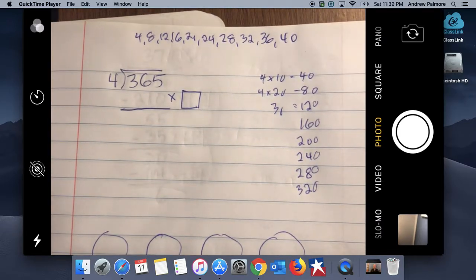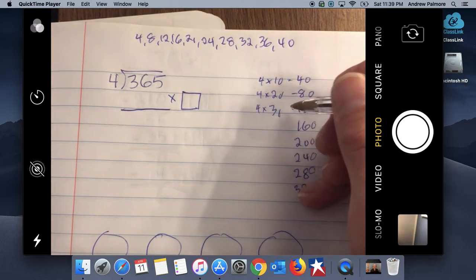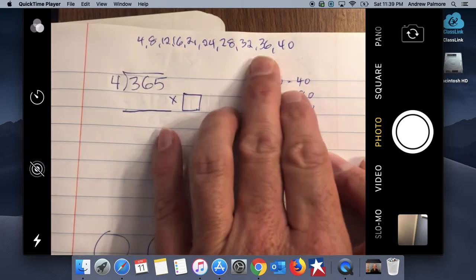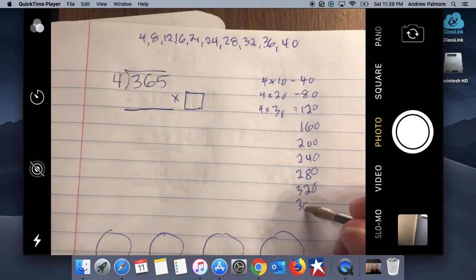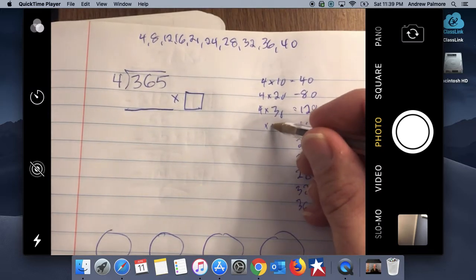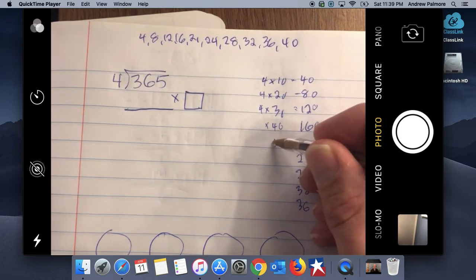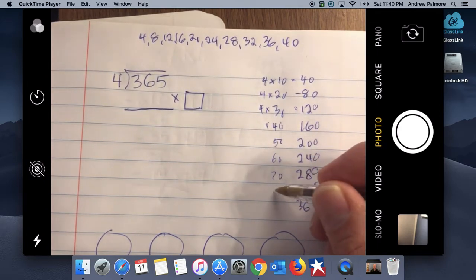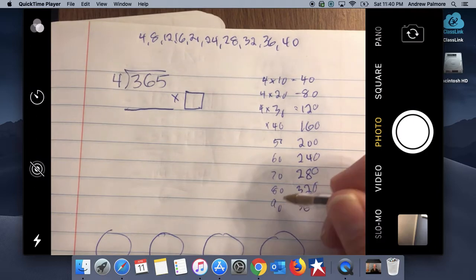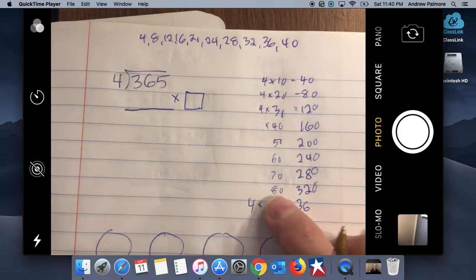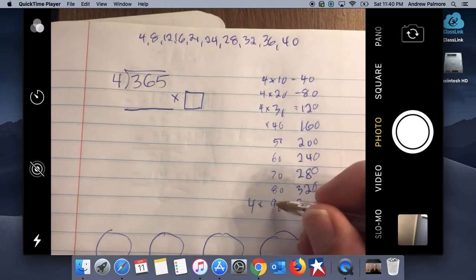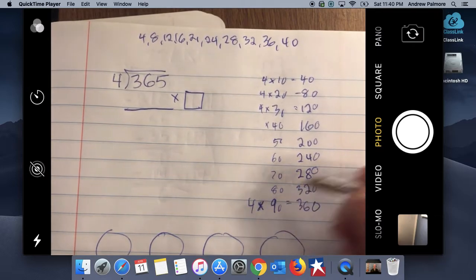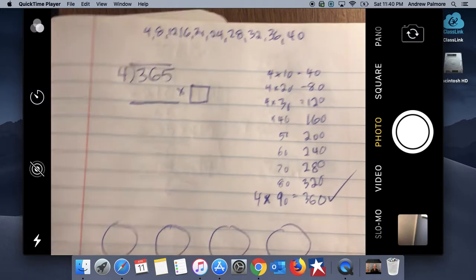So I know that to get to 36 would be times what? So I got times 40, 50, 60, 70, 80, 90. So basically 4 times 90 equals 360, right? So that will get us pretty close, right?